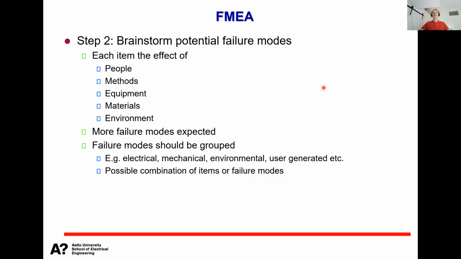So basically you can consider the root cause, or who or what is causing the failure, from different viewpoints. And here I have listed a few. People here means the user or the manufacturer or some human being who is affecting either the manufacturing of that product or who is using that product.